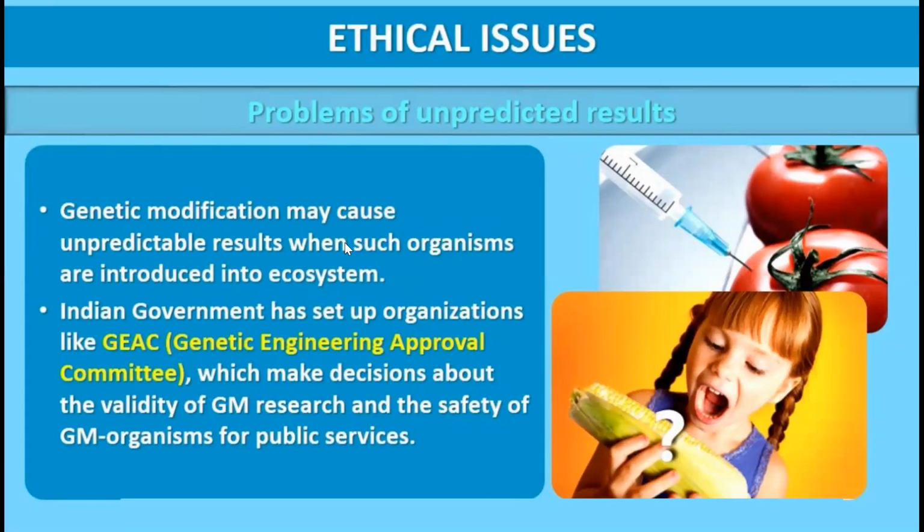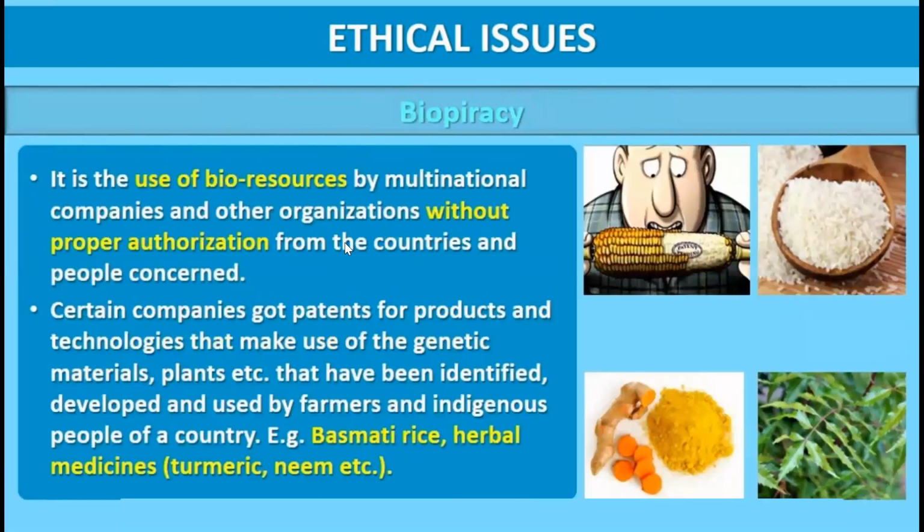The Indian government has set up an organization like GEAC, which stands for Genetic Engineering Approval Committee, which makes decisions about the validity of genetically modified organisms or genetic modification research and the safety of GMO for public services.